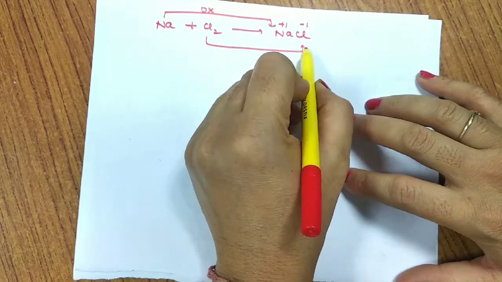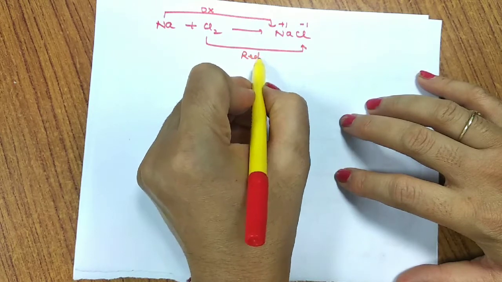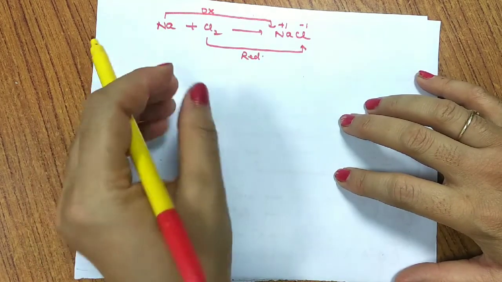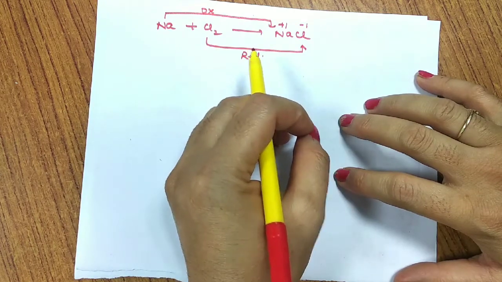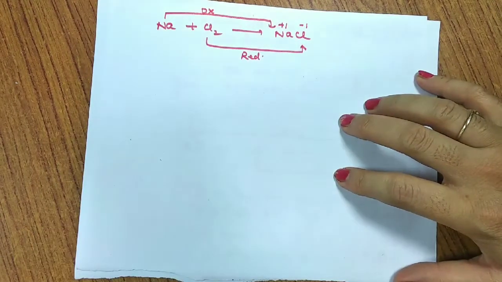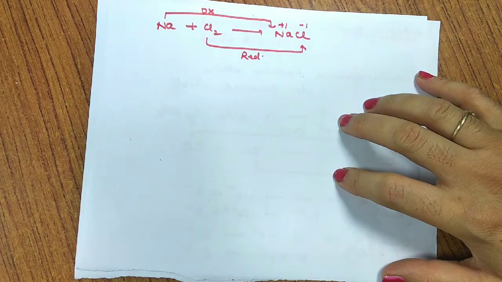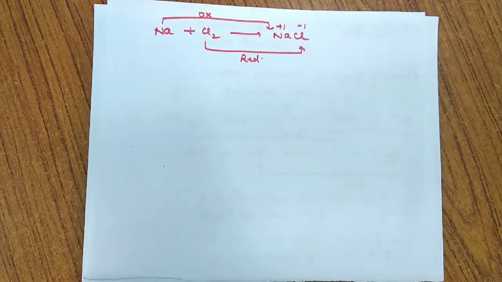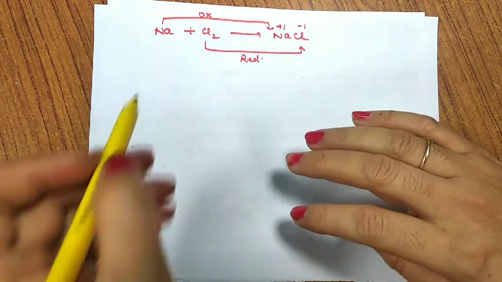Chlorine changes to minus 1, it means it gains electron, so it undergoes reduction. So it is an electron transfer process that makes a redox reaction. Sodium, which undergoes oxidation, is the reducing agent, whereas chlorine acts as an oxidizing agent.